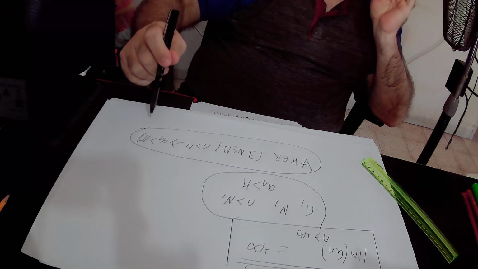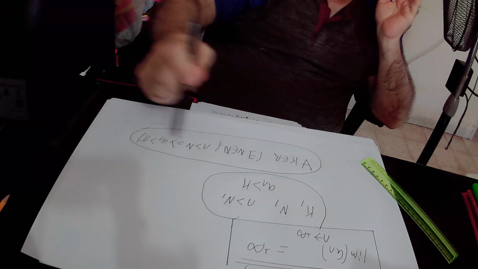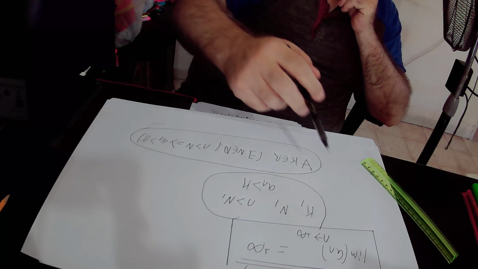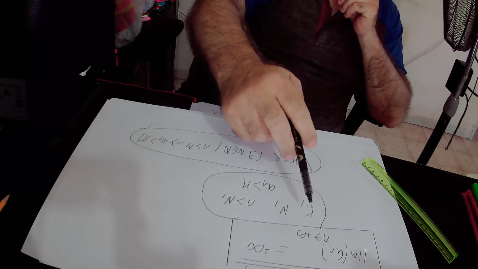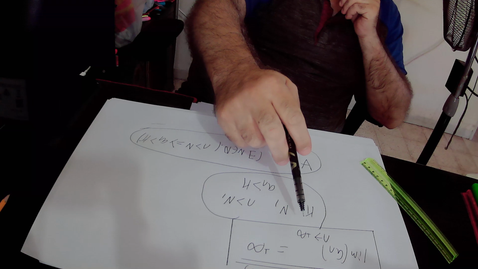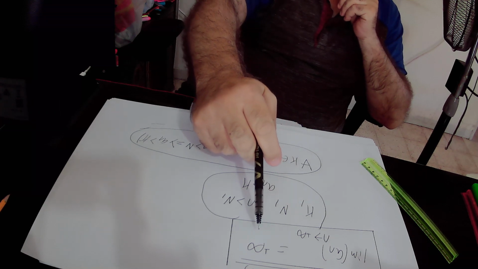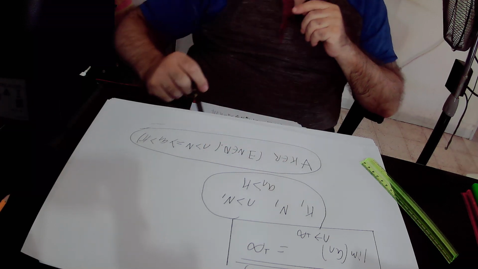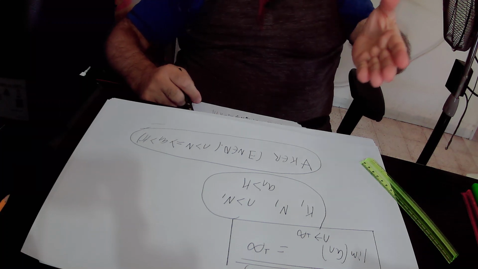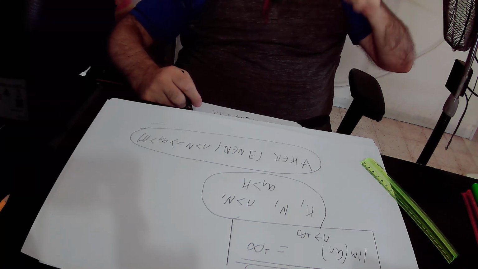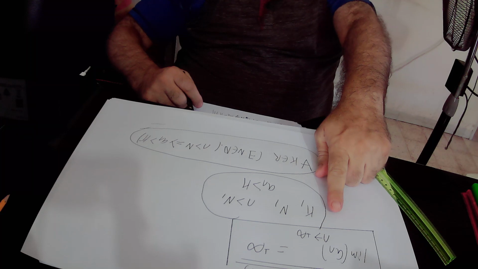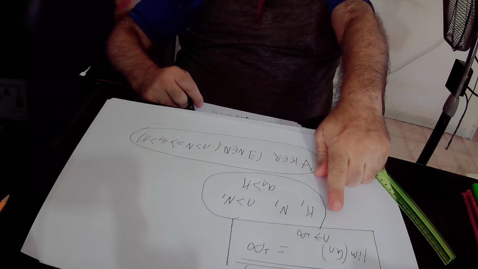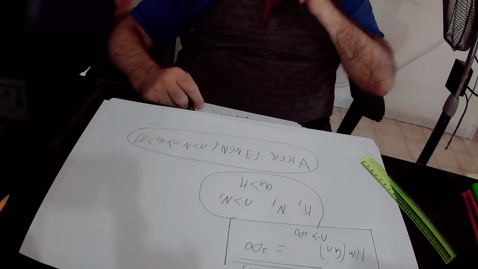So that is the condition that must hold in order that the limit of sequence an when n tends to plus infinity will be equal to plus infinite. So here we have the limit of sequence an that equals plus infinite.